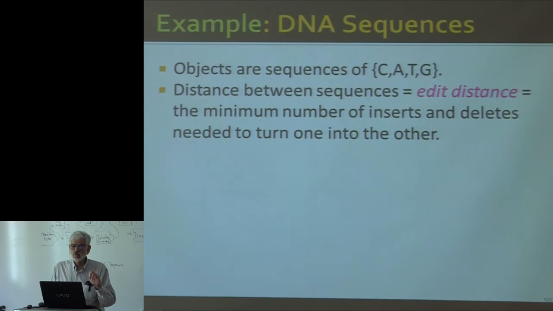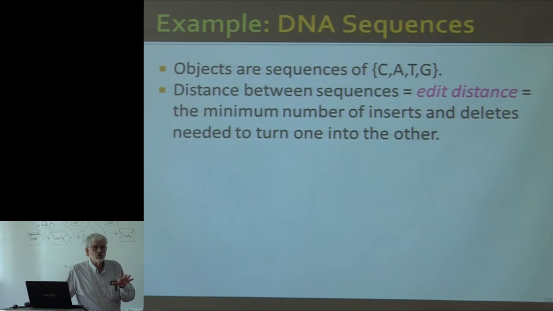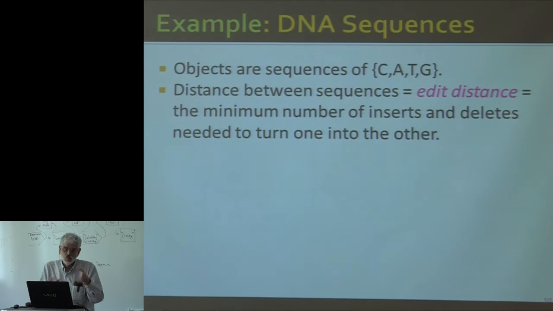In the case of these biological applications, you often want to have certain other operations that are low cost. For example, taking a segment out of one string, reversing it and putting it back is an easy thing for chromosomes to do. So you might want to give that a small distance.